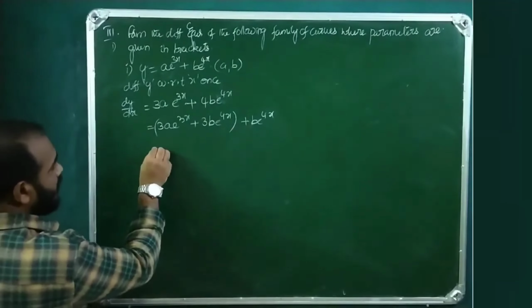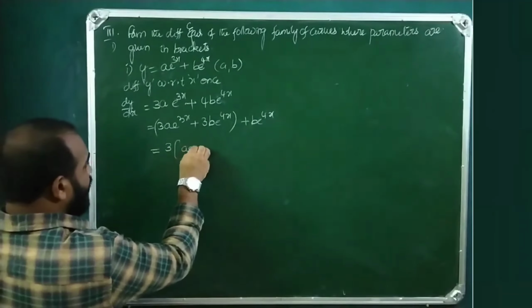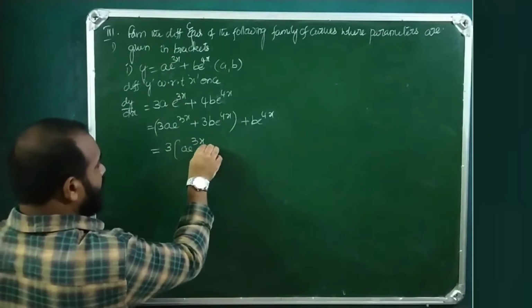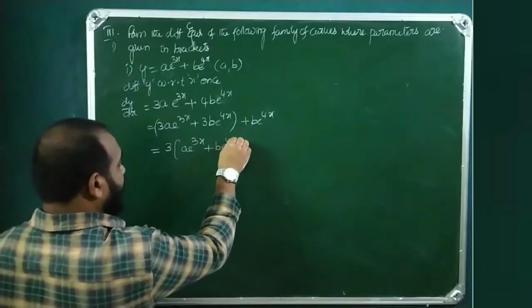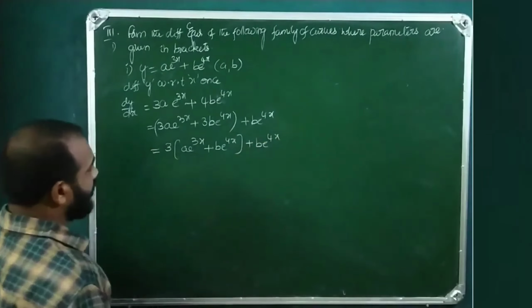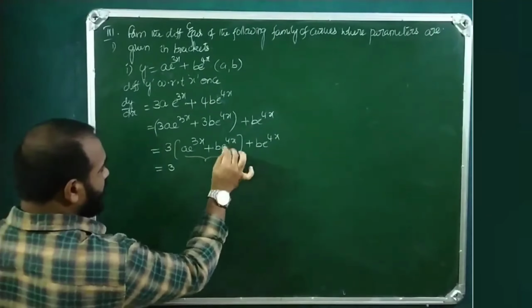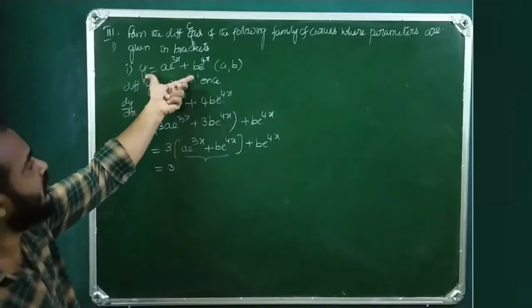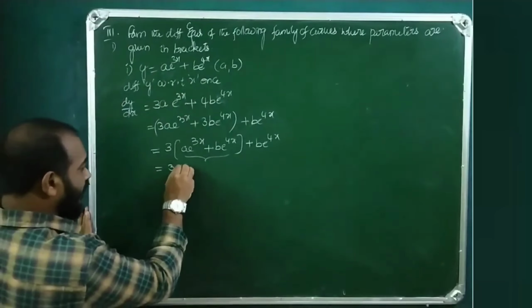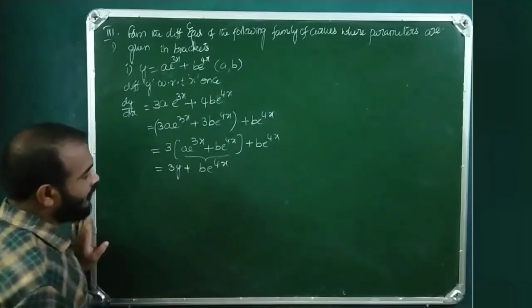Now this equals 3 into (a e^(3x) plus b e^(4x)) plus b e^(4x). What is a e^(3x) plus b e^(4x)? This is y. So 3y plus b e^(4x).